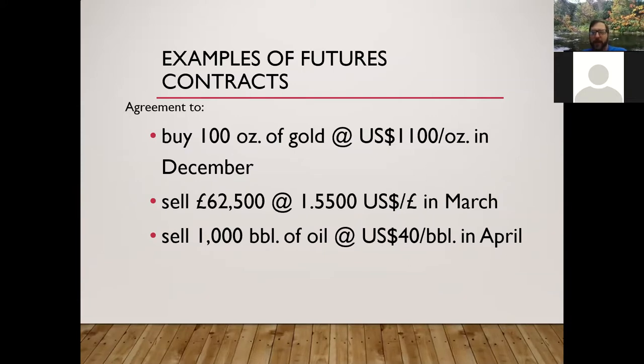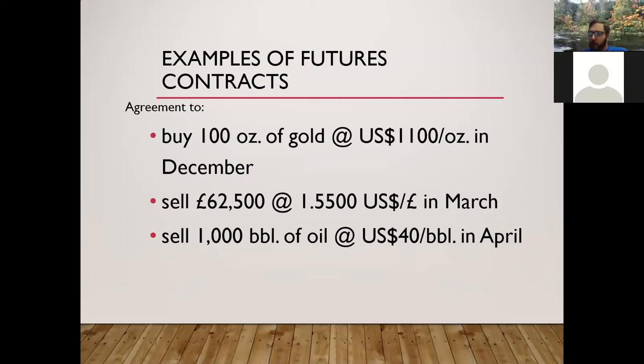Your manufacturing is in the US, and American workers don't want to be paid in pounds. They want to be paid in dollars, right? So I need to convert my pounds back to dollars. But I don't want to risk price fluctuations moving against me. I don't know what's going to happen between now and March, although now it's pretty soon to March, but I don't know what could happen. So I could lock in the exchange rate now, so I don't have to worry about what's going to happen.